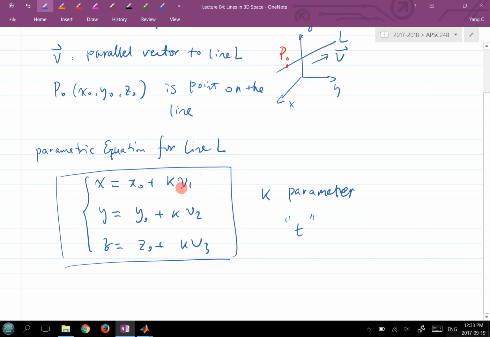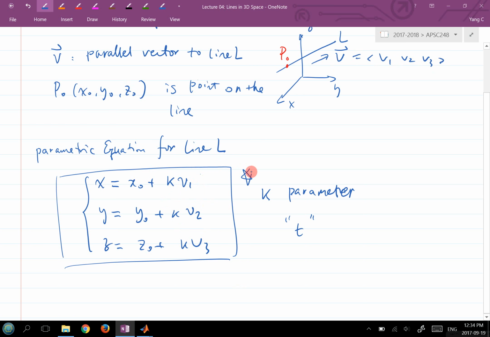You need a point on the line, and you need a parallel vector v that is parallel to the line. Here v is v1, v2, v3. Then I can use these two pieces of information to form this parametric equation for the line L. Just as simple as that.